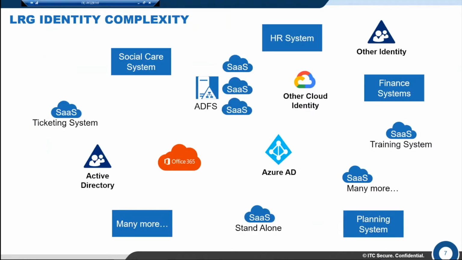And yet again, we did have this slide in the last presentation, but I'll just do a quick recap on this. As we all know, local government's complex, and the amount of systems you need to access is a lot.